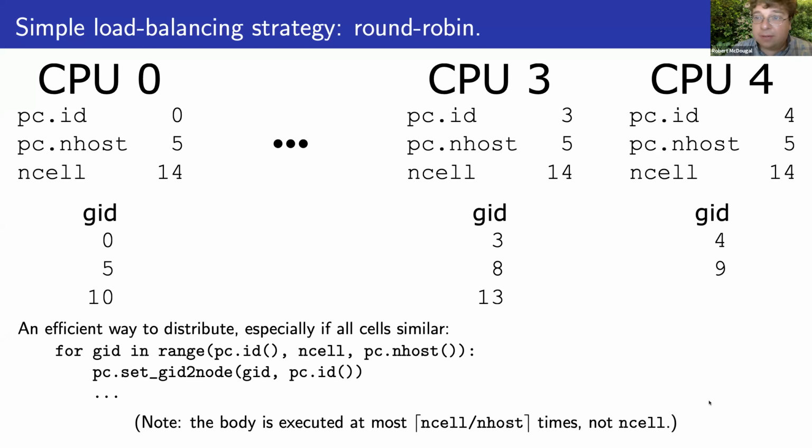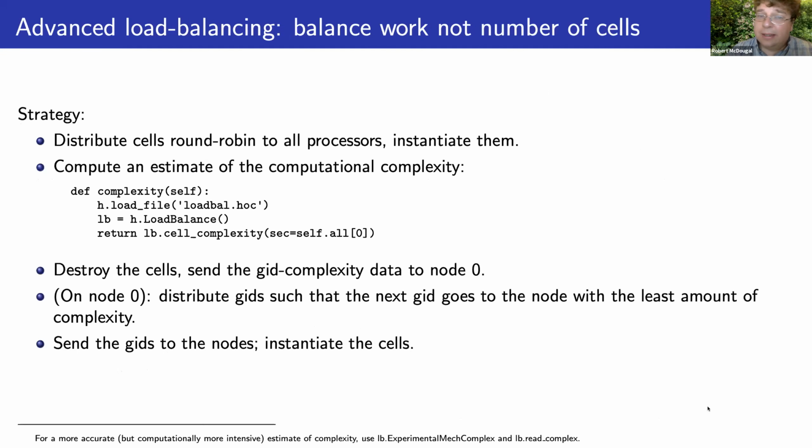Now it so happens that, of course, not all cells are created equal. And what you really want to do is balance the amount of work that you're doing, not necessarily the number of cells. I wouldn't start out with this, but I would if it proved to be a problem. If it turned out that there was this really large imbalance, imagine a world where one cell has 10,000 compartments and everything else is point cell models.